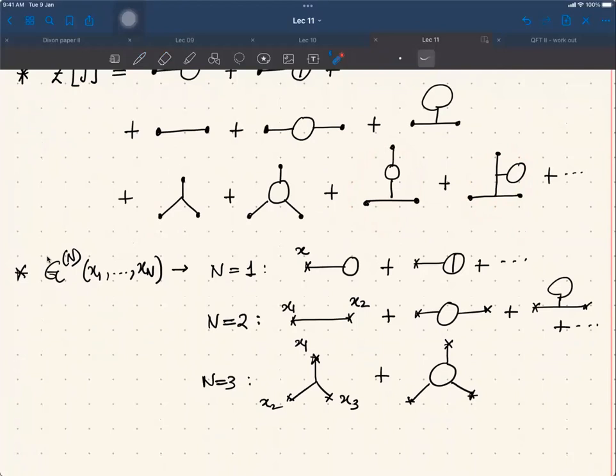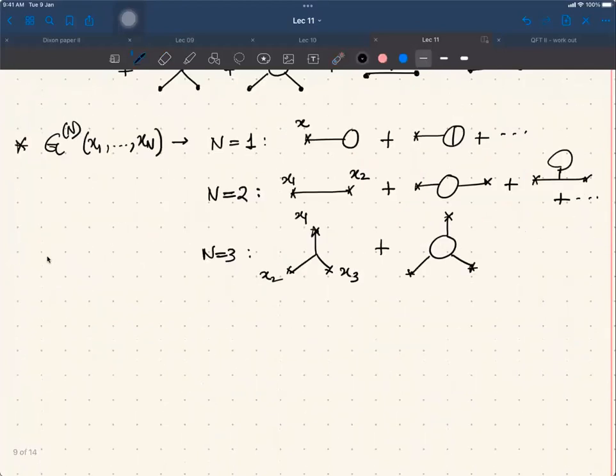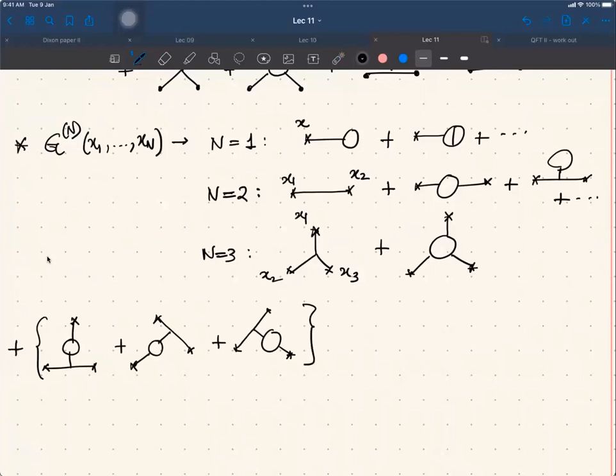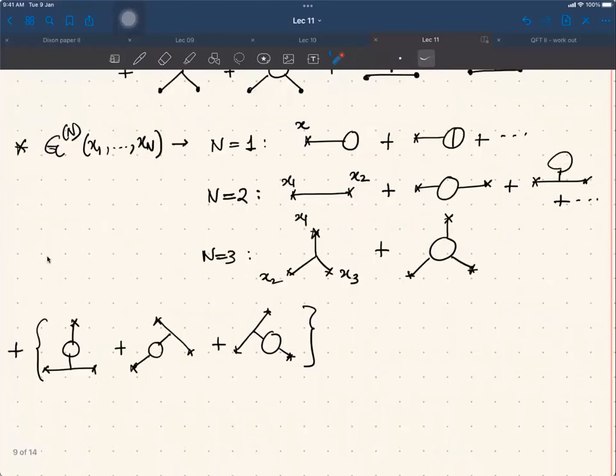that correspond to topologically inequivalent ways of distributing these labels x1, x2, x3 over these three points, and those are given by these 3 diagrams for this one.